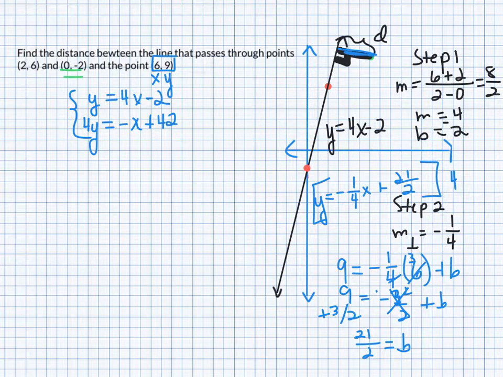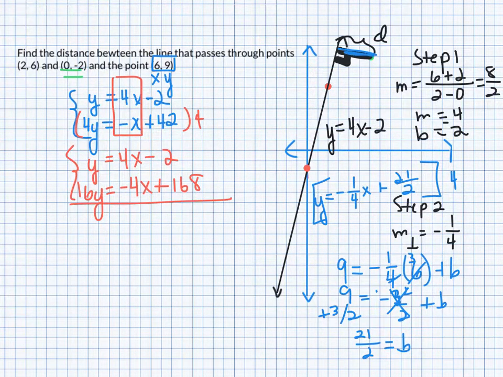And to be able to solve, I'm going to go ahead and multiply the second one by 4 again, because if I multiply by 4, my x's will go away. So I'm going to have y = 4x - 2 and 16y = -4x + 168.